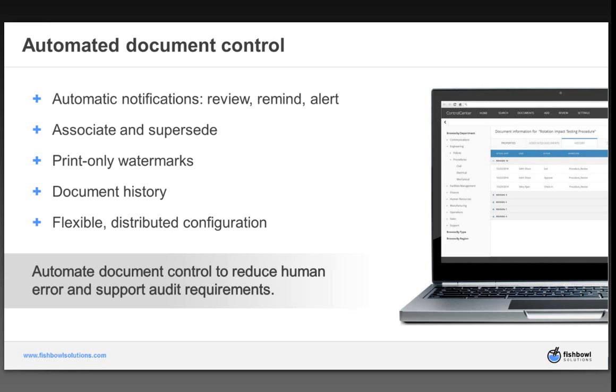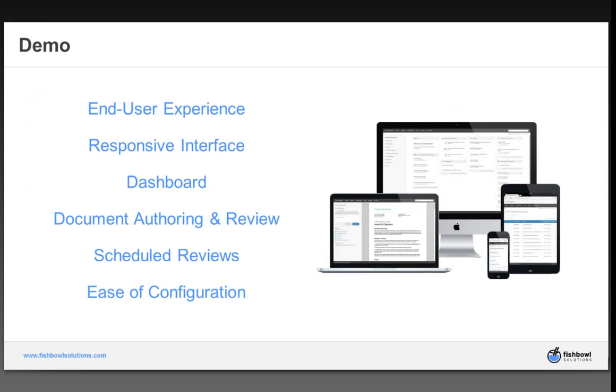And so all of these things are really intended to help automate the document control, to eliminate opportunities for human error or requiring people to remember to go do something. And then if the need does arise, it makes it easier to go back and audit and track how something got into a particular state. So with that, I'm going to go ahead and jump into the demo.